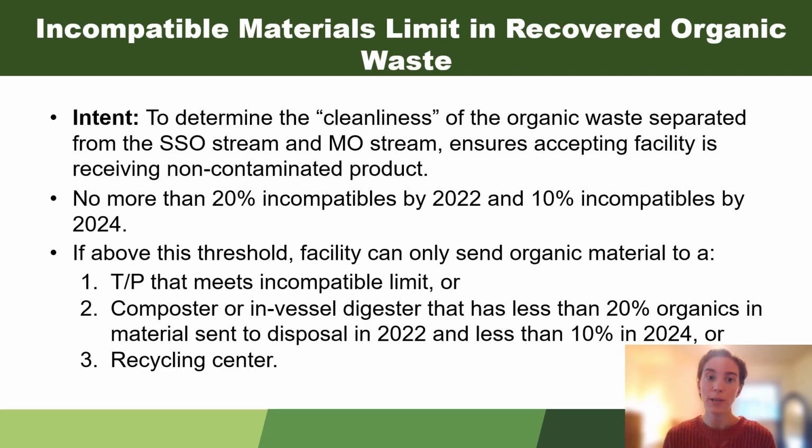To be clear, a recycling center is an operation that passes the 3-part test per the definition outlined in section 17402.5(d). For more background on this incompatible materials limit requirement, you can review section 17409.5.8 of the SB 1383 regulations.